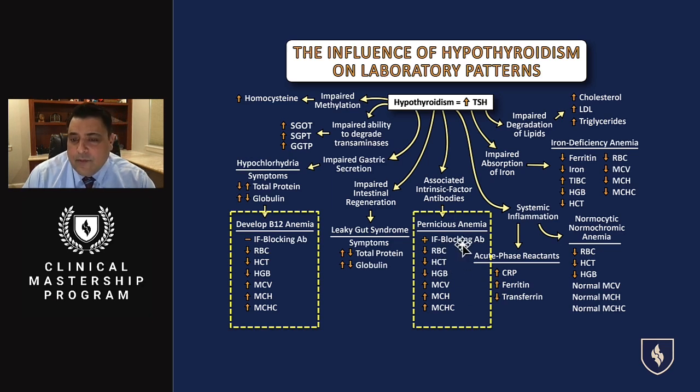Now, some people can normalize pernicious anemia with oral B12 supplements, because even though their intrinsic factor, the carrier protein of B12, is being attacked by the immune system, it's not 100%. So if they take X amount of B12 and folate, some percentage will be absorbed even with antibodies.